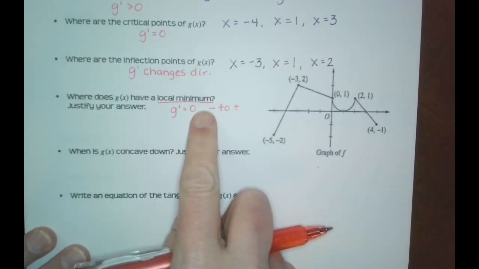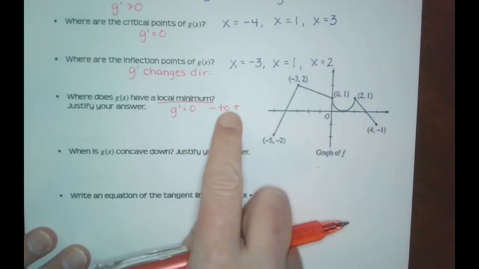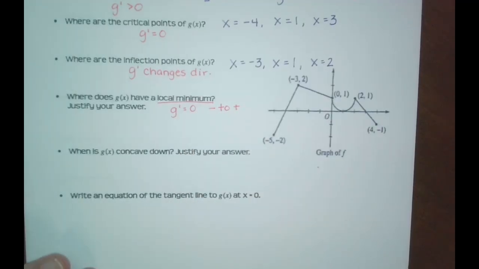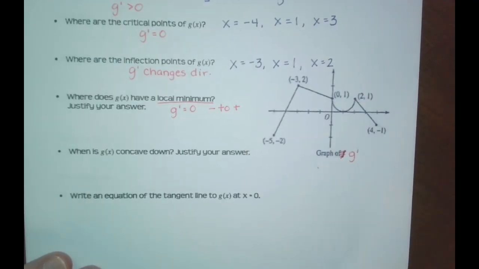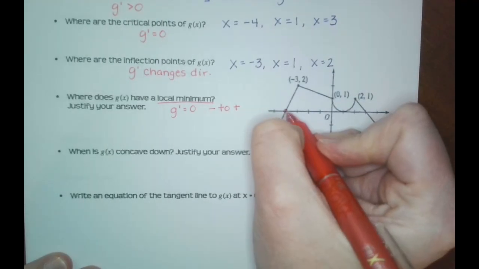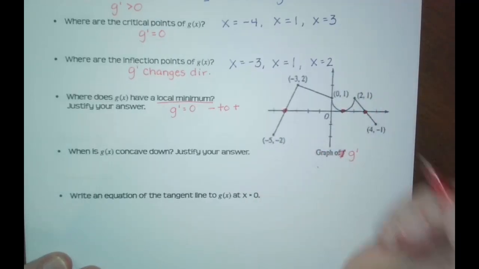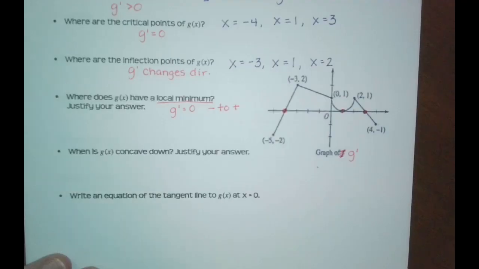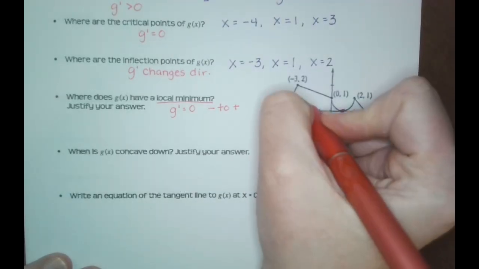Because then the G function would be going from decreasing to increasing. So again, this graph that I'm looking at is G prime. So here are my critical points, right? Here, here, here. I'm looking for one specifically where that derivative changes from negative to positive.